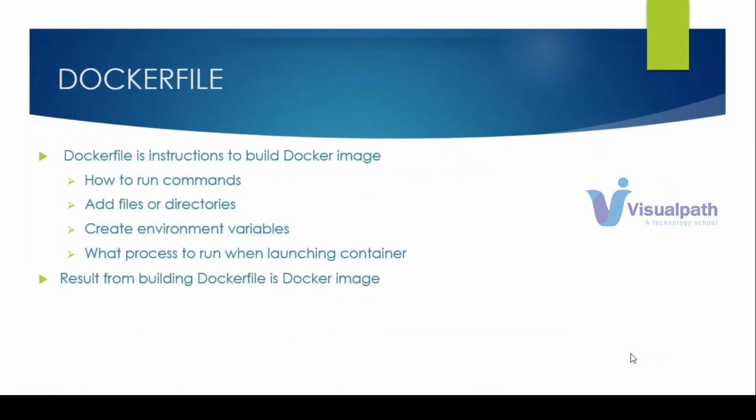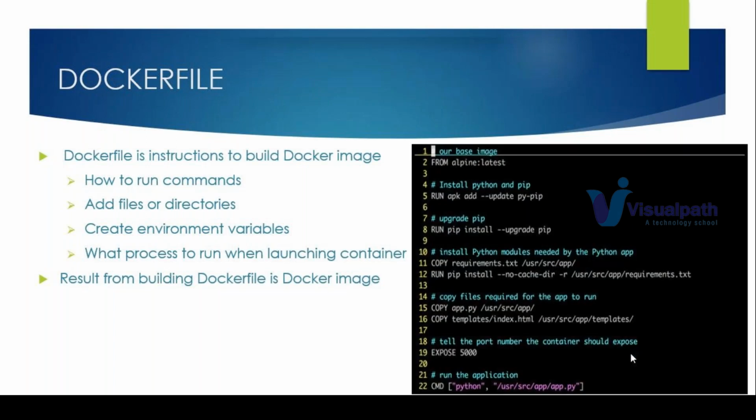It is the most important part of Docker, the Dockerfile. Here you can see in this example, we are using one base image, the Alpine image from the Docker Hub repository. Then on top of that, we are installing all the dependencies related to Python, and then we are upgrading our Python, and then in lines 11 and 12, we are installing Python modules again.